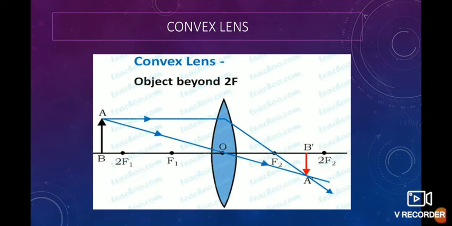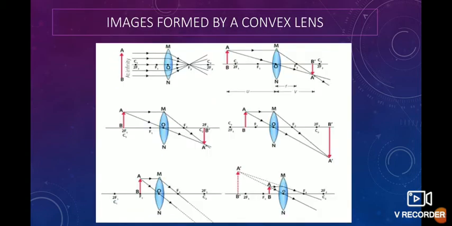The closer the object comes to the lens, the bigger the image becomes. But at very close distance, okay, can you see the last picture over there? At very close distance, the image becomes a virtual image. Okay, instead of being a real inverted image, it becomes a virtual and erect image.